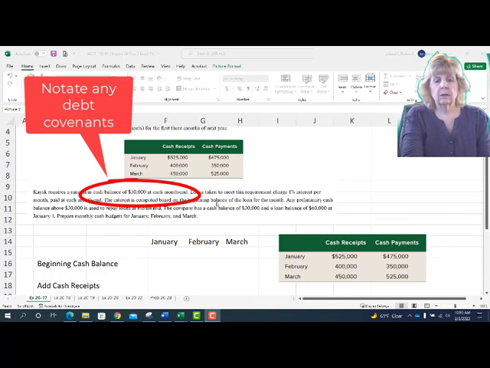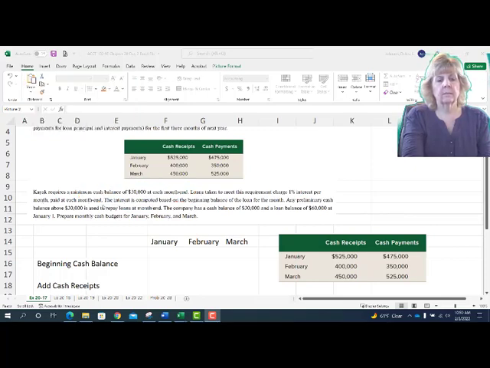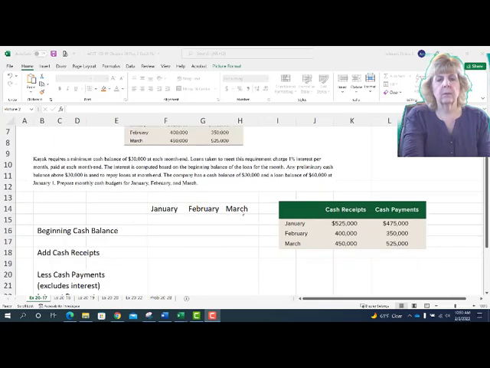Loans taken to meet this requirement charge 1% per month. It's kind of odd that they give you a monthly rate of interest. You'll usually see that expressed in a yearly percentage and have to divide by 12. But this time they told us it was 1% a month, paid at each month end. The interest is computed based on the beginning balance of the loan for the month.